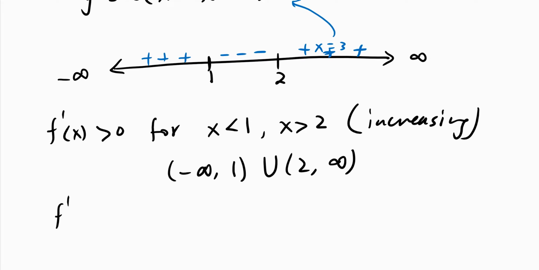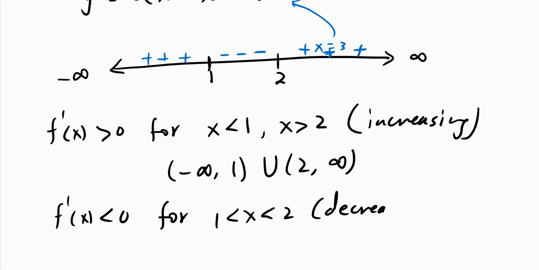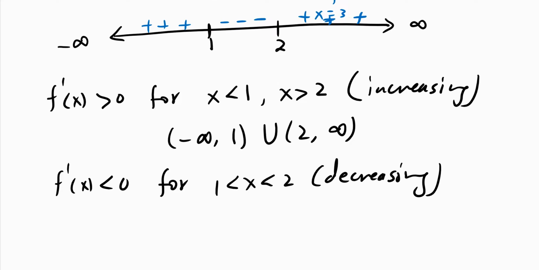Now f prime is less than 0 for x between 1 and 2. That's when it's decreasing. Notice we don't include the endpoints, just in between 1 and 2. So that tells us when the function is increasing and when it is decreasing.